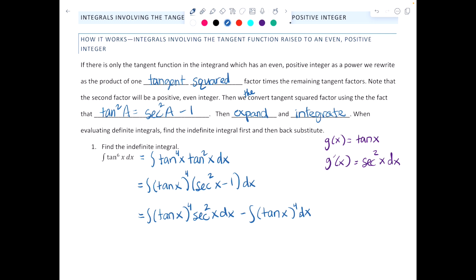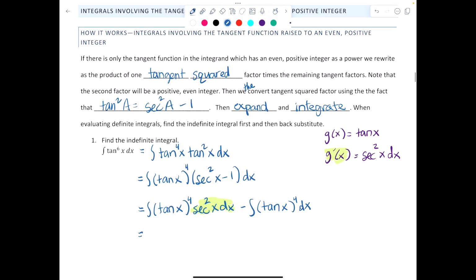So the first one is good to go. Do you see that? Now we're going to have to work for it a bit. We can integrate this one. So this will be 1/5 times tangent to the fifth at that angle x.